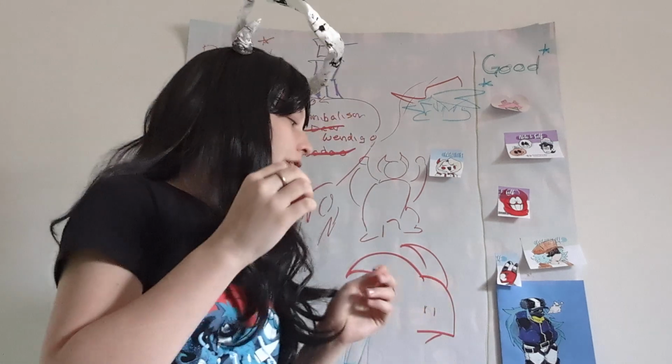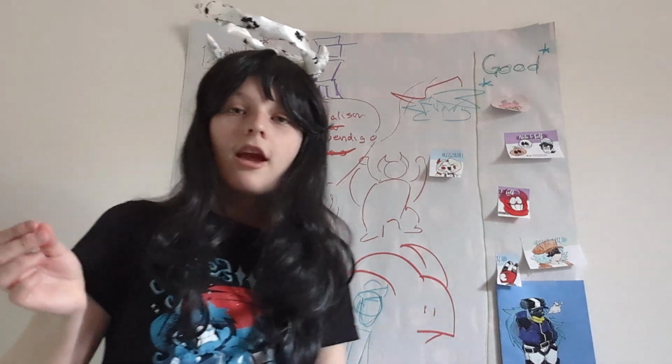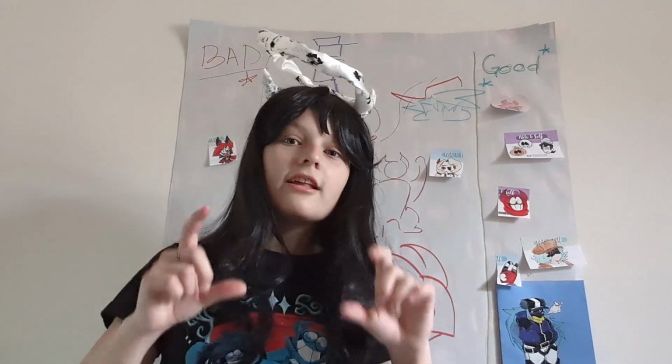Having a character that is so obviously meant for something, and then having their flaw showcased in their character design is peak character design. I don't think it gets better than this.